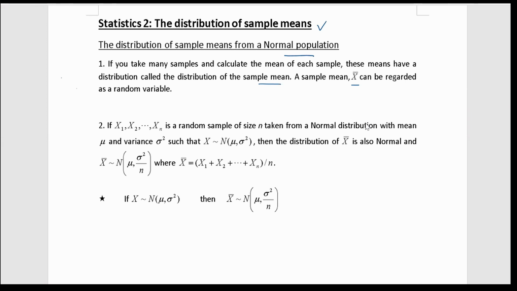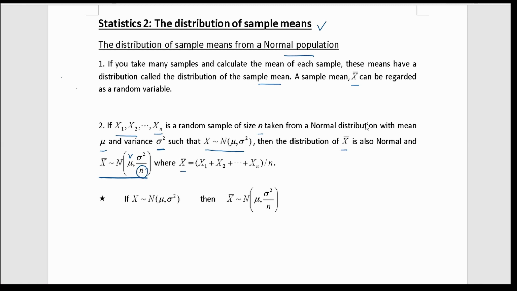Point 2: if x1, x2, up to xn is a random sample of size n taken from a normal distribution with mean mu and variance sigma squared, then the distribution of x bar is also normal, with the same mean mu, but the variance sigma squared will be divided by the sample size.